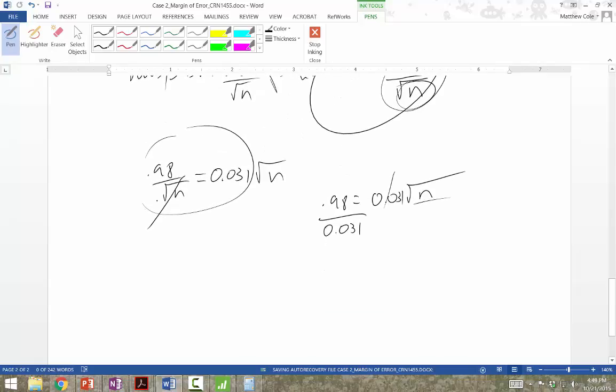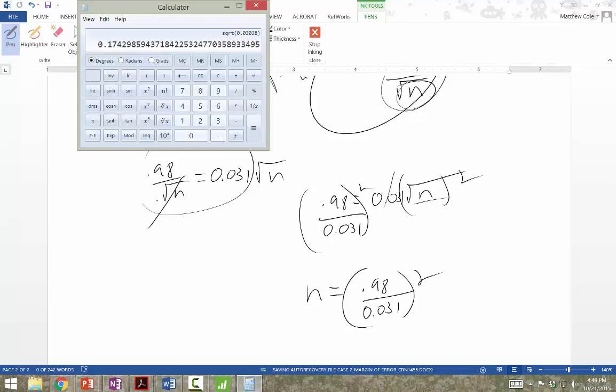What's that another way of saying? Well, if we square this and square this, what do we get? We get n. N equals 0.98 divided by 0.031 squared. Let's use the old calculator. 0.98 divided by 0.031, right? And let's square that. 999.37.